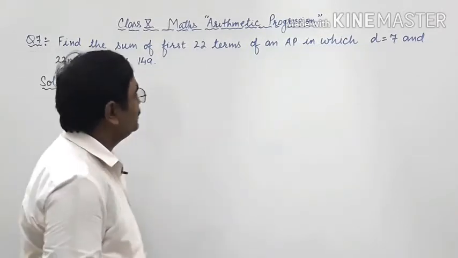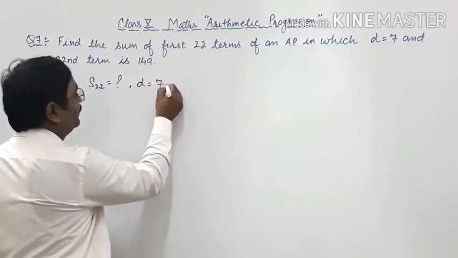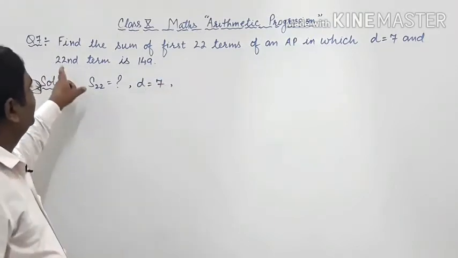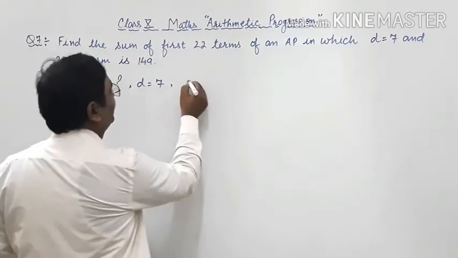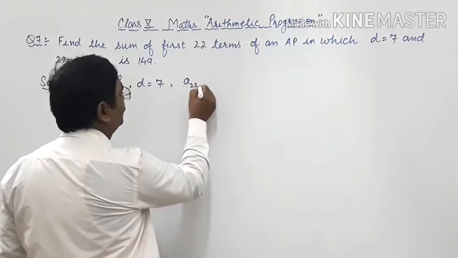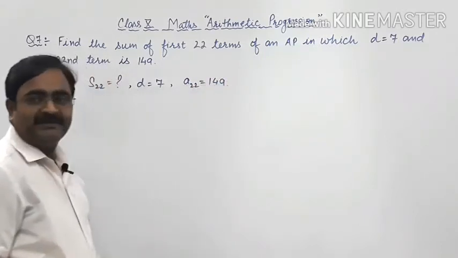In which the common difference d is equal to 7, given, and the 22nd term is 149. It means A22 is equal to 149 is given, right?